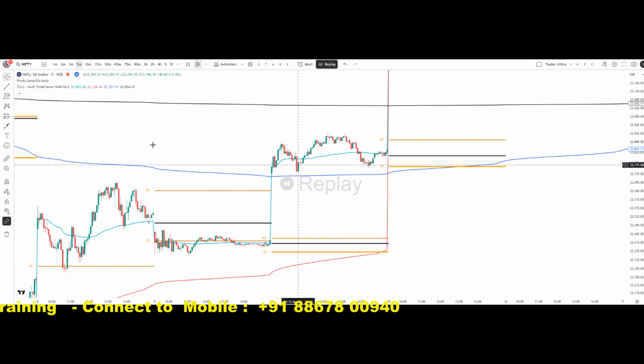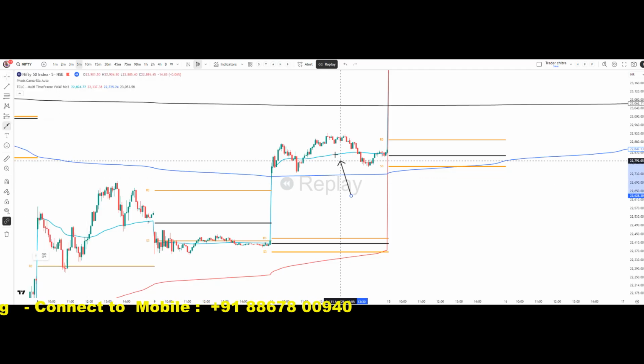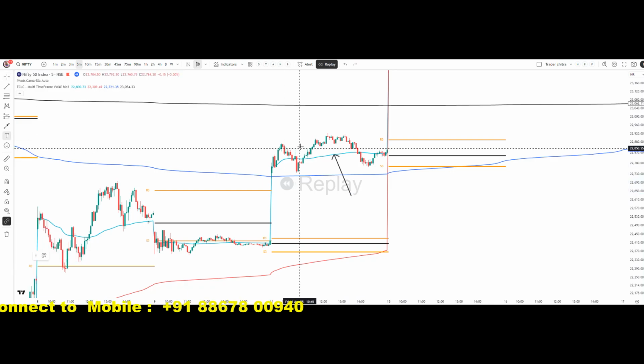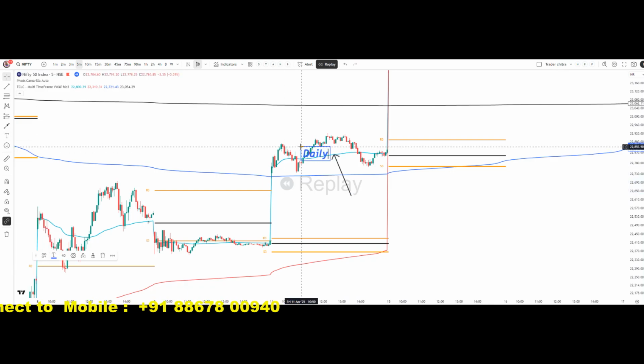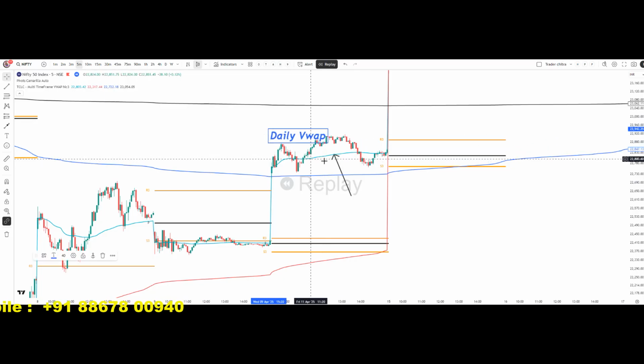So these are the 4 VWAPs. This blue VWAP is the daily VWAP.